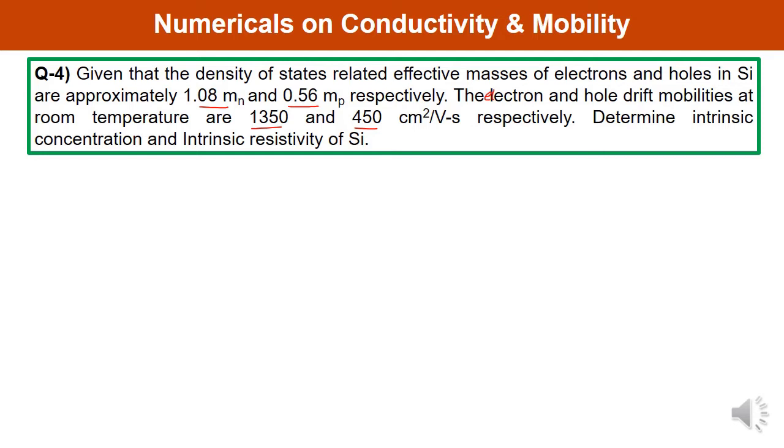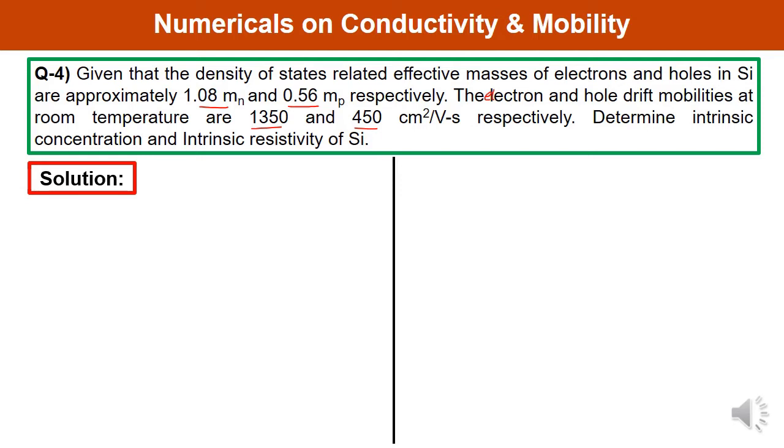Determine intrinsic concentration and intrinsic resistivity. So here you need to calculate two terms, intrinsic concentration and intrinsic resistivity, meaning ni and rho. So how to solve it?